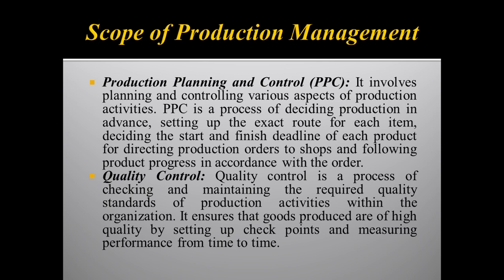It is a process of checking and maintaining the required quality standards of production activities within the organization. It ensures that goods produced are of high quality by setting up checkpoints and measuring performance from time to time.